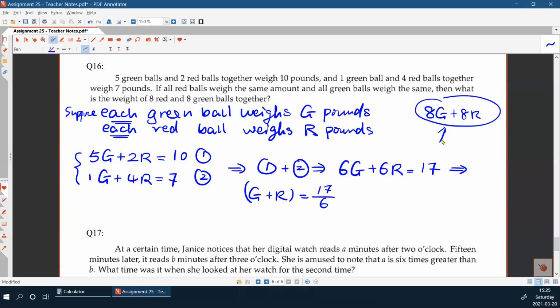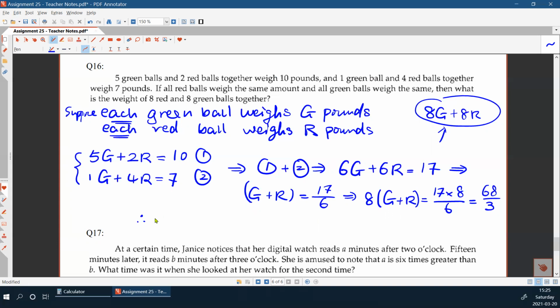How do we get 8G plus 8R? We can simply multiply both sides of the equation by 8, right? So this means 68 over 3. Okay, so that means the weight of 8 red and 8 green balls together is 68 over 3 pounds.